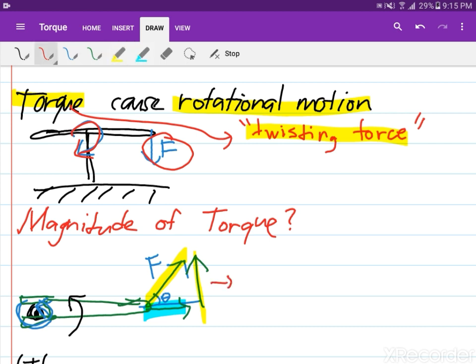So we call this component the effective force. The effective force is the force component that is perpendicular to the moment arm here. Okay, so this is our moment arm.